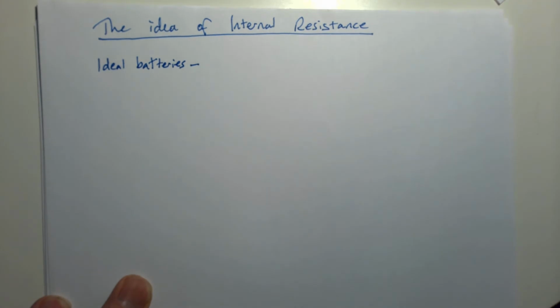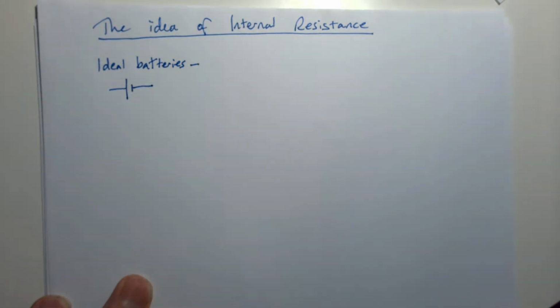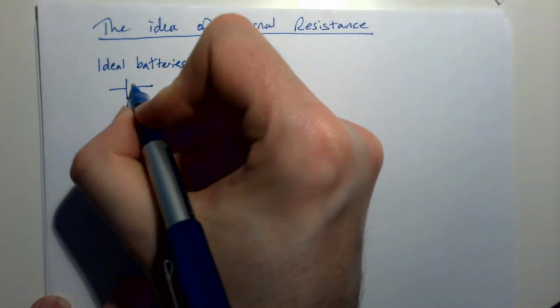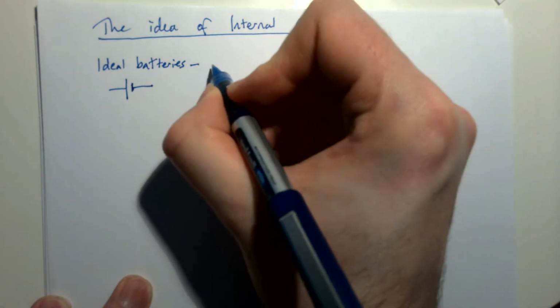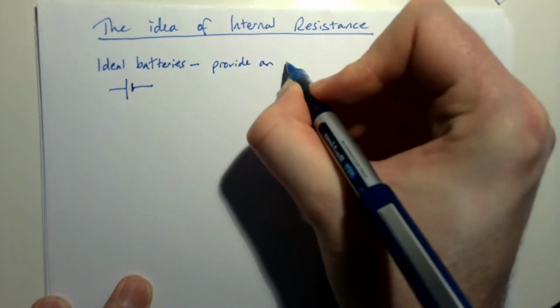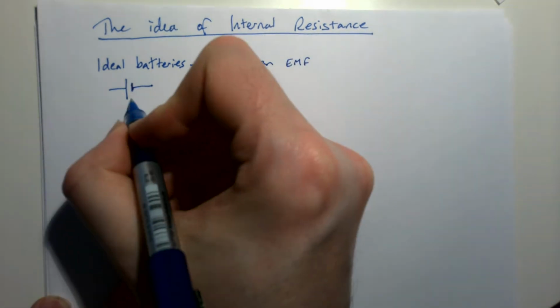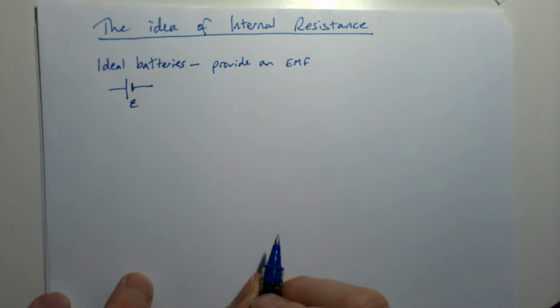So every battery we've kind of talked about so far, or every cell, we've assumed it only does one thing, which is provide an EMF to a circuit. Okay, that's the symbol for EMF.